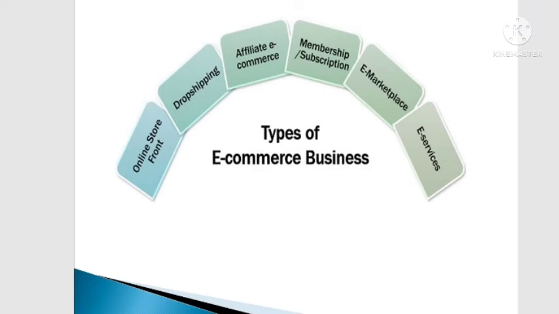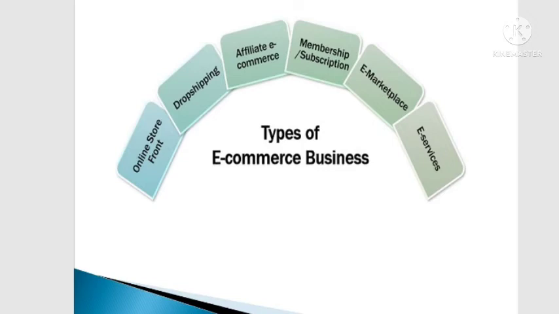Next we have drop shipping. As the name suggests, here you are just dropping something, you are purchasing from someone and dropping it to any other person. For example, if Amazon is maintaining its inventory, so suppose Amazon किसी और शॉप से या किसी और मैन्युफैक्चरर से कुछ प्रोडक्ट खरीद लेता है और अपने नाम के अंडर उसे बेचता है.